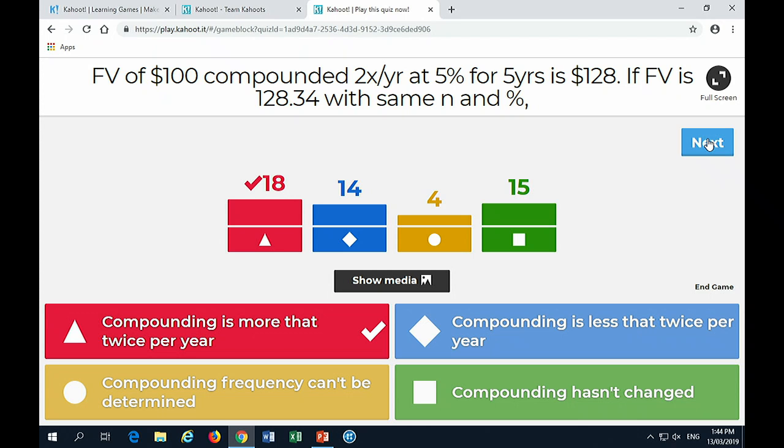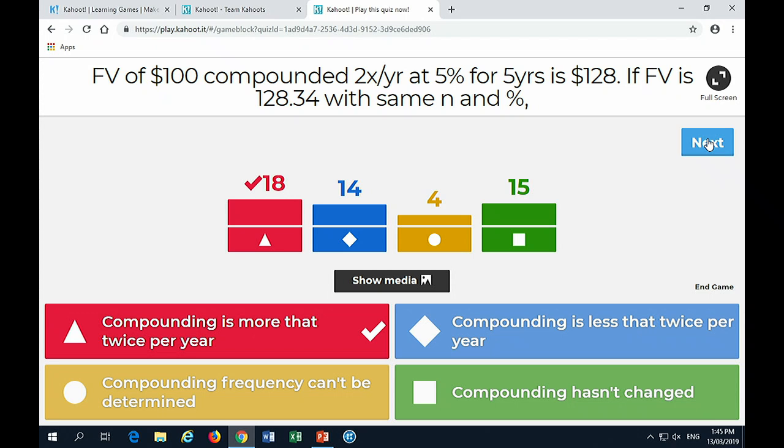5% in this case is the nominal interest rate, and you invest $100 at 5% per year, compounded 2 times a year. The reason I have to write it so abbreviated is that Kahoot only allows 90 characters, so I have to be creative with how I word my questions. If the future value now moves from 128 to 128.34, you still earn the same 5% nominal interest rate.